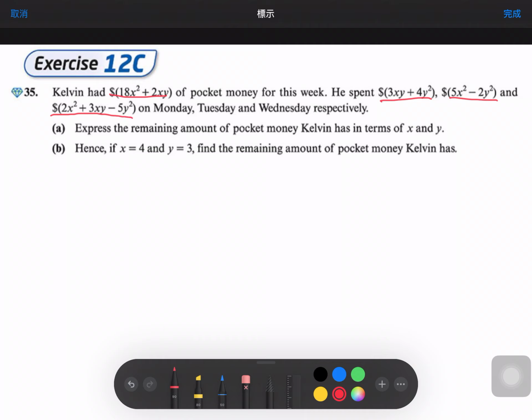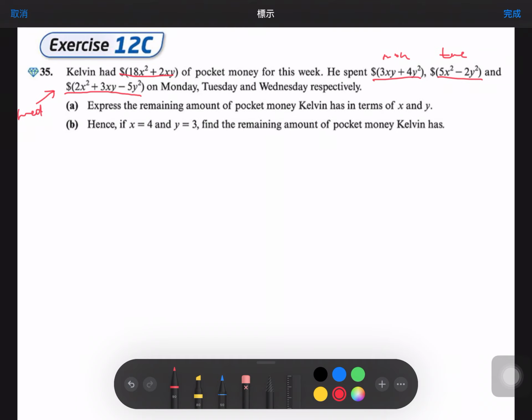So respectively means this is for Monday, and then Tuesday, and then Wednesday. So part A: express the remaining amount of pocket money Calvin has in terms of x and y.